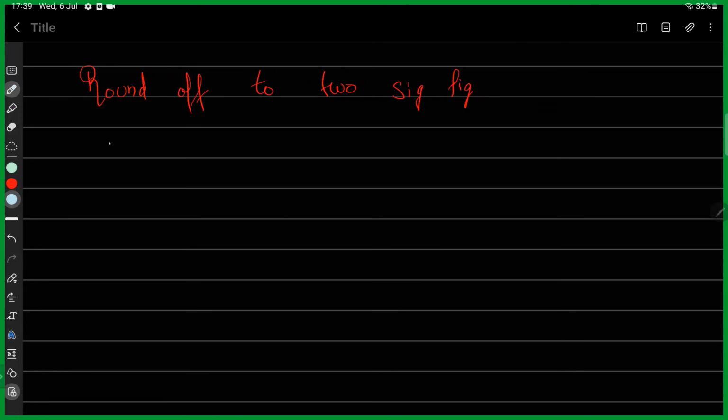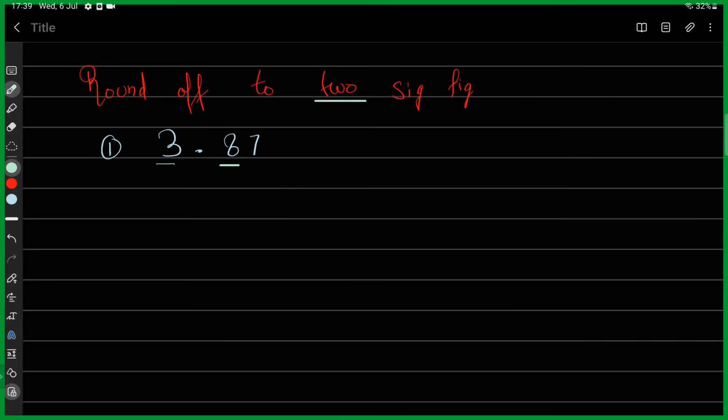The first one is 3.87. It's very easy. Trust me, it's easy. It says two significant figures. So I will be talking about this one. Now this is what I have. I have 3.87 and I need to round it off such that I'm left with two significant figures.